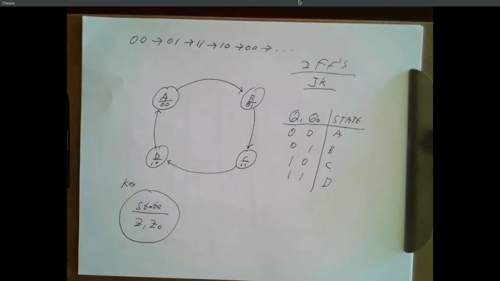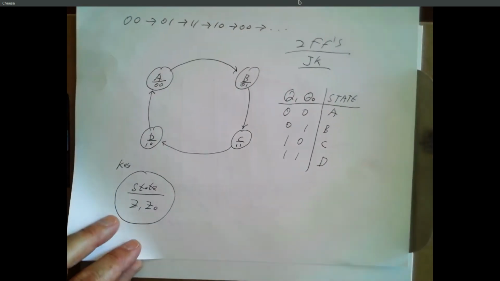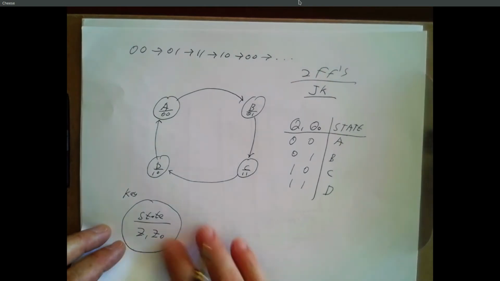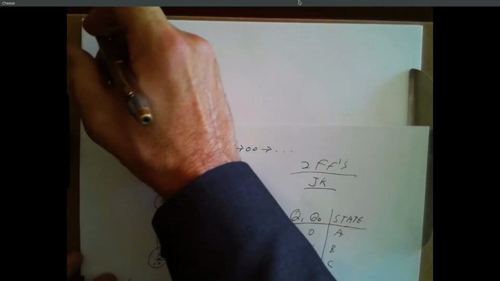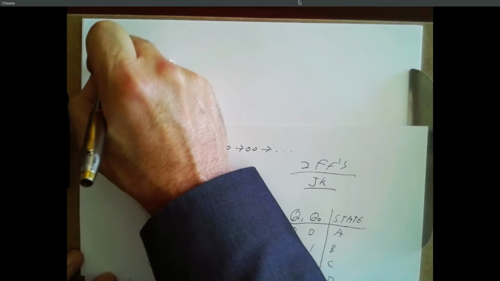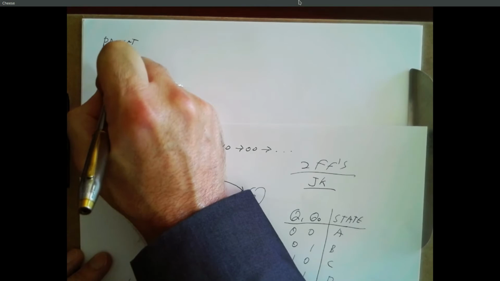Alright, so that's everything we need to start a state transition table. And there's no inputs here. Okay, we could add a run input or something, but we'll get the basic idea with this. So no inputs, 2 outputs, 4 states, JK flip-flops. Alright, so let's start with present state. And that's Q1, Q0.